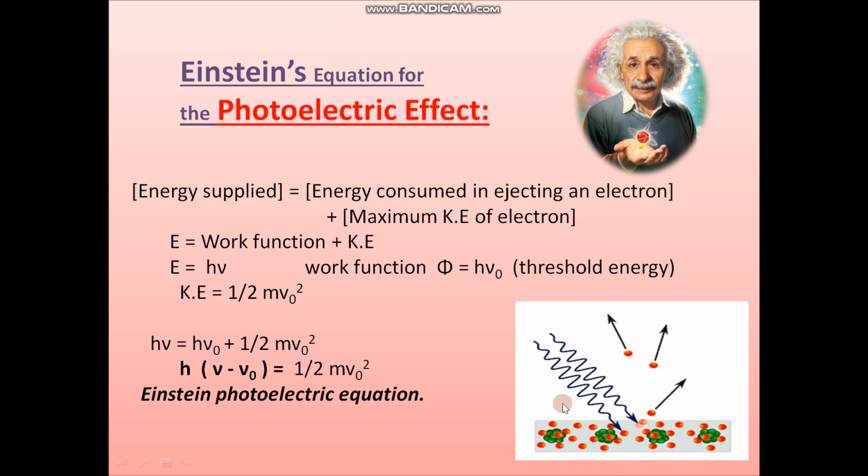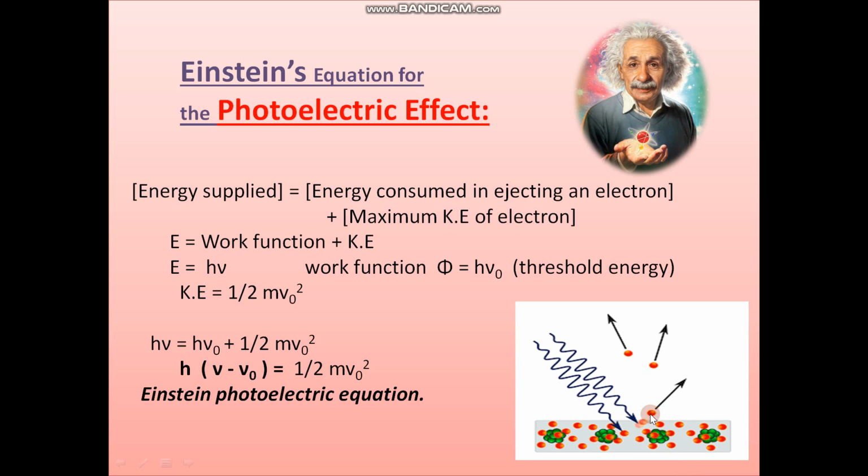We can represent this mathematically. The energy supplied by the incident light or photon with a frequency is equal to the energy consumed in ejecting an electron, plus the maximum kinetic energy of the electron. The energy consumed means the energy supplied that is absorbed by the electron.